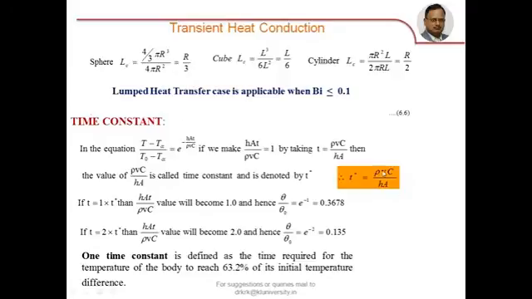So low density, low volume by surface area, low specific heat, and high heat transfer coefficient are the characteristics of a good thermocouple to have a low time constant, so that its response time is also less. Response time generally varies from 5 to 6 time constants.